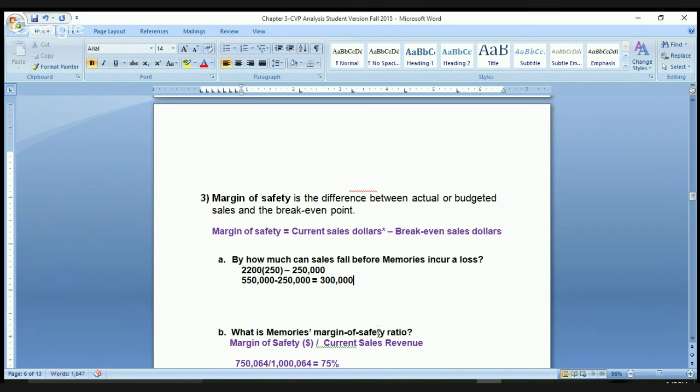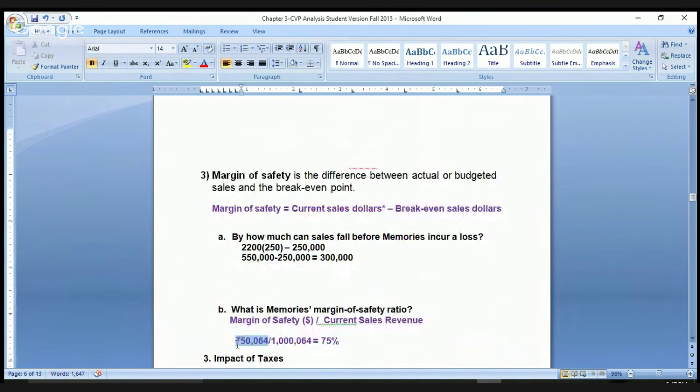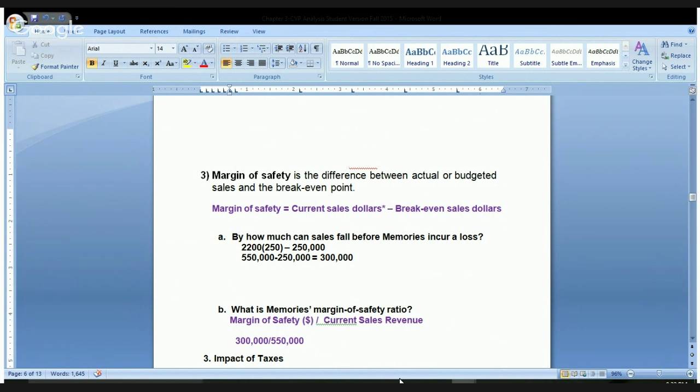So my margin of safety is $300,000. Now, if I take the $300,000 and divide it by the current sales revenue of 550,000, I get 54%.